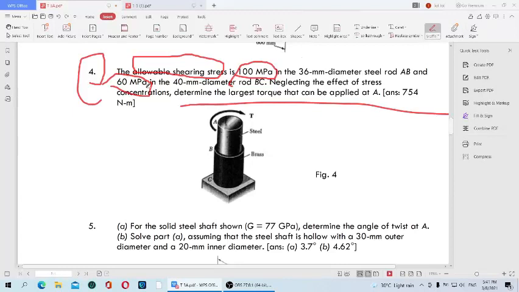You have 16 megapascal, but if you exert additional torque which then produces a shearing stress of this value, then this shaft right here will fail. So our mission is to find the value of torque and match it with the shearing stress that will be produced, and not exceed the allowable shearing stress for both AB and BC. That is the mission.